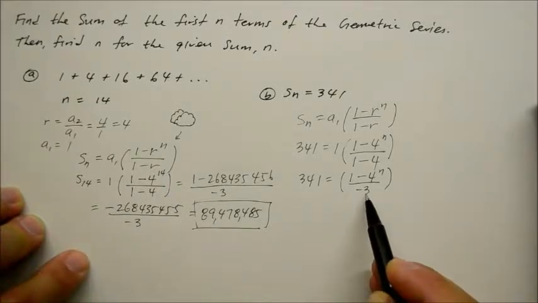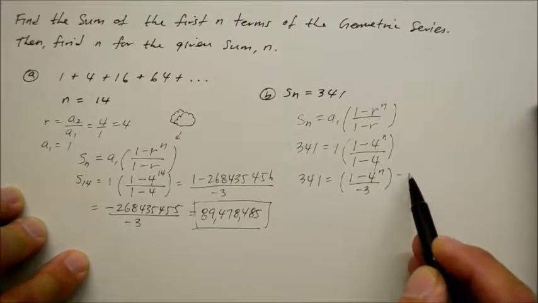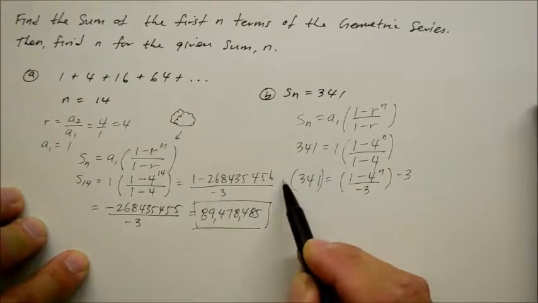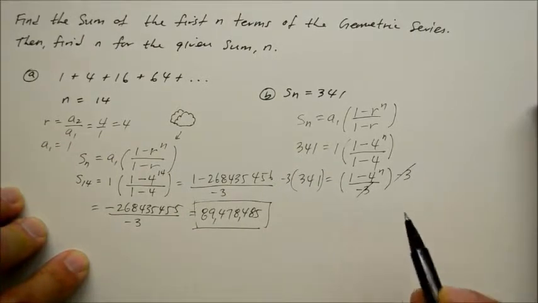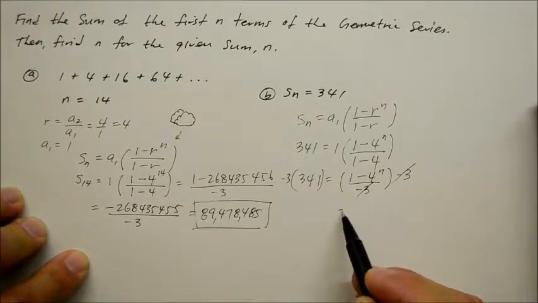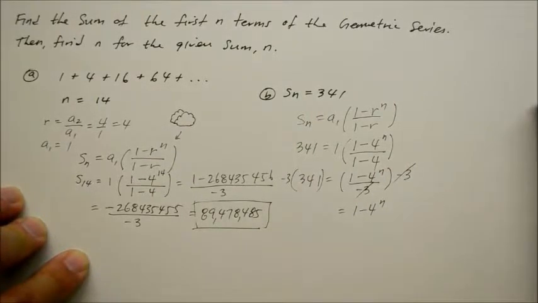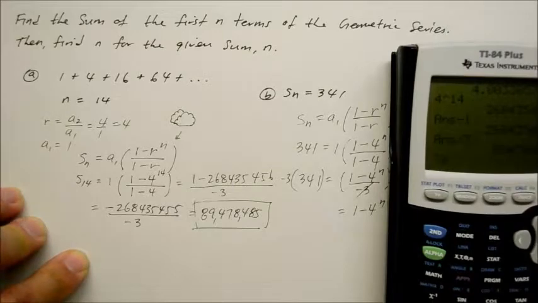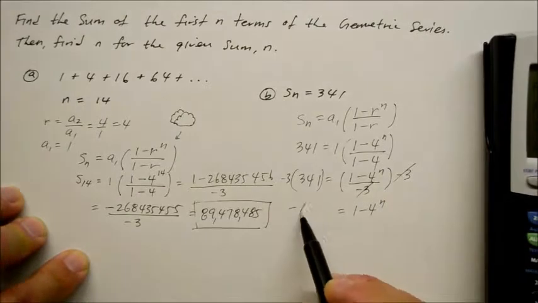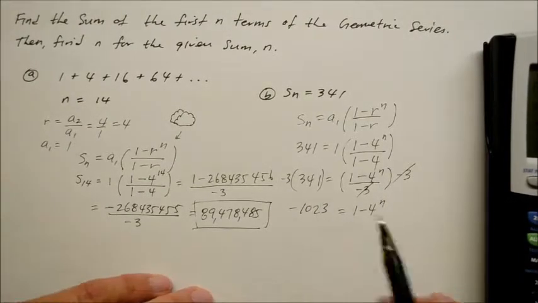So let's get rid of that denominator negative 3 by multiplying it to both sides of the equation. So here it simplifies out. So all we're going to have is 1 minus 4 to the n power. On the left, it's 3 times 341. So 3 times 341 is 1023, and it's a negative, of course. Negative 1023.